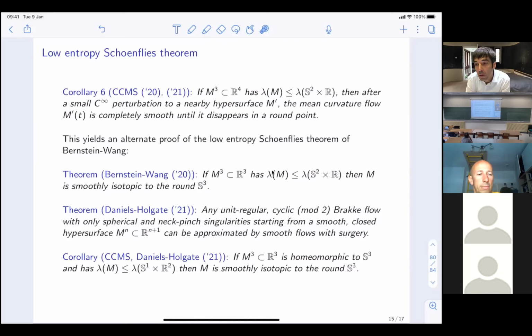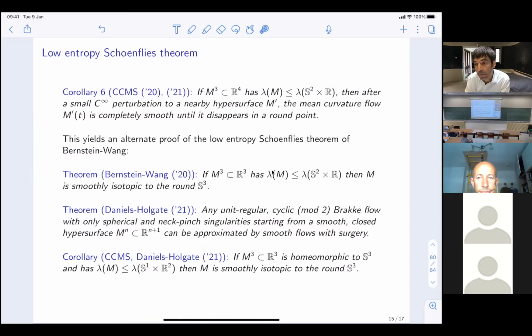Łojasiewicz gives you that any other shrinker close by, if there is another one, has to have the same value. So that would give you a discrete set of values in R, at least for low multiplicity. It's harder if you have more general ends. So more or less, as soon as you get Łojasiewicz working, you would only get a discrete set of values.